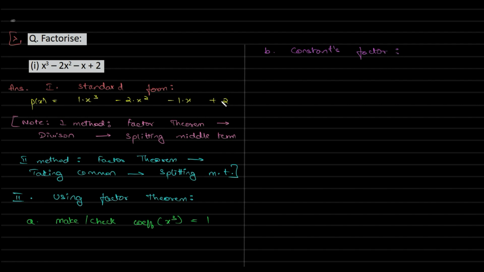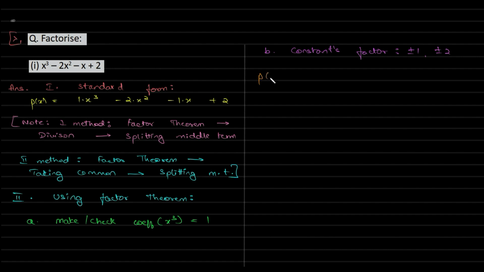So what are the factors of 2? Plus or minus 1, plus or minus 2. These are the factors when it comes to integers, the integer numbers which can divide 2 with remainder 0.